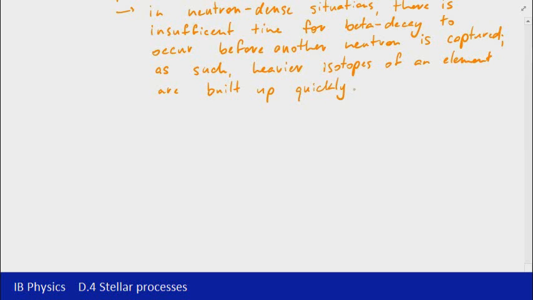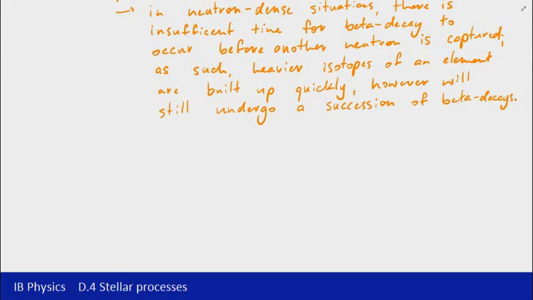So once we have them built up quickly, they will still eventually undergo a succession of beta decays. And the reason for that is because they're highly unstable. So while it might seem like we're talking about effectively the same thing, considering that we still have these beta decays occurring, what ends up happening is that the nuclides that are produced are different to what would happen in the S process.